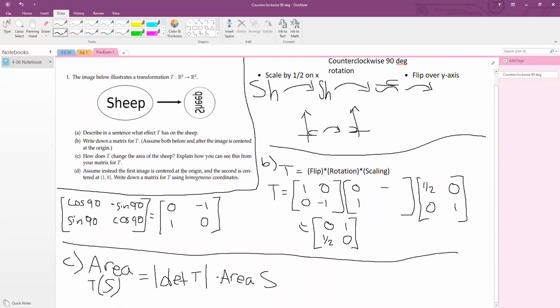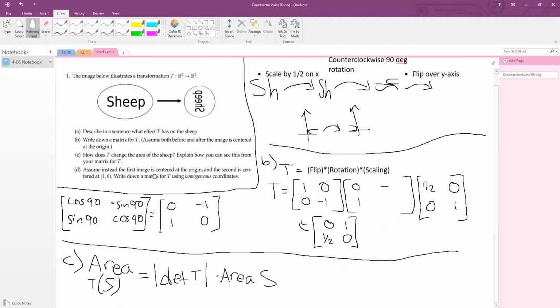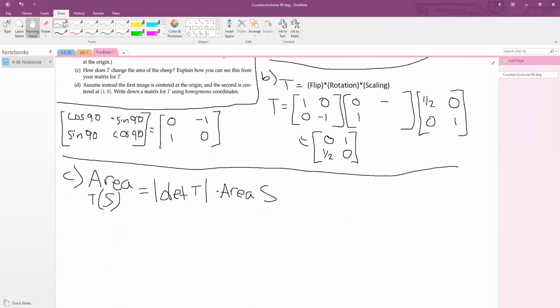Now, intuitively, we know that it did impact the area somehow, right? Because we started with an oval and we ended with a circle, so we probably did something. If we want to know exactly what we did, then it would be a good idea to look at the determinant. So we'll take the determinant of T. The determinant of a 2 by 2 is just going to be AD minus BC, remember?